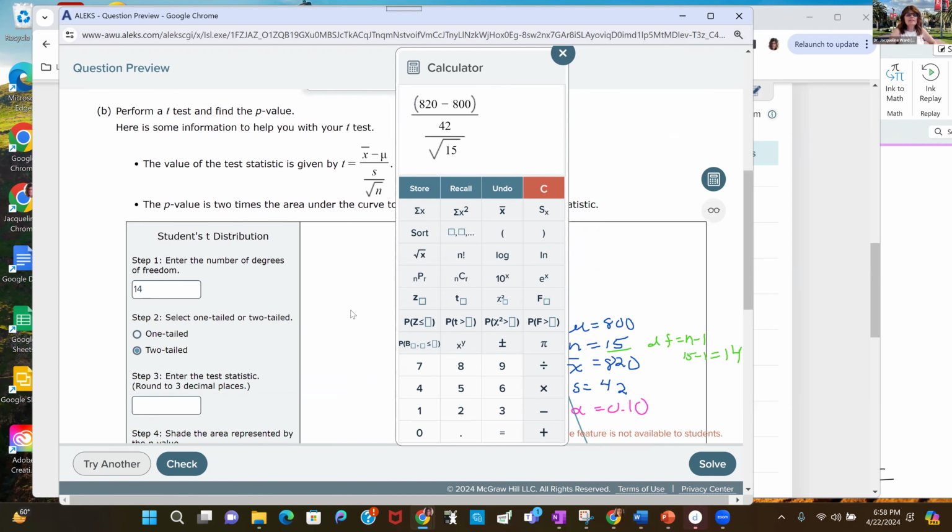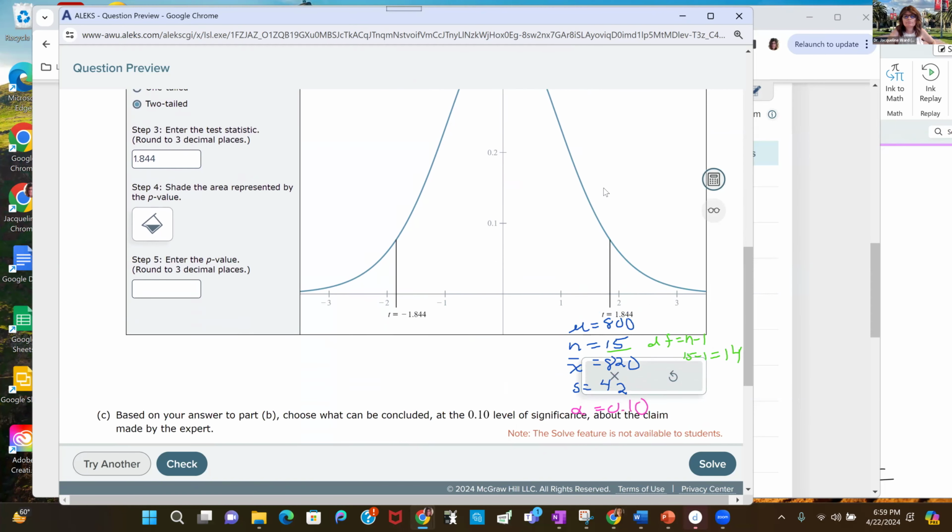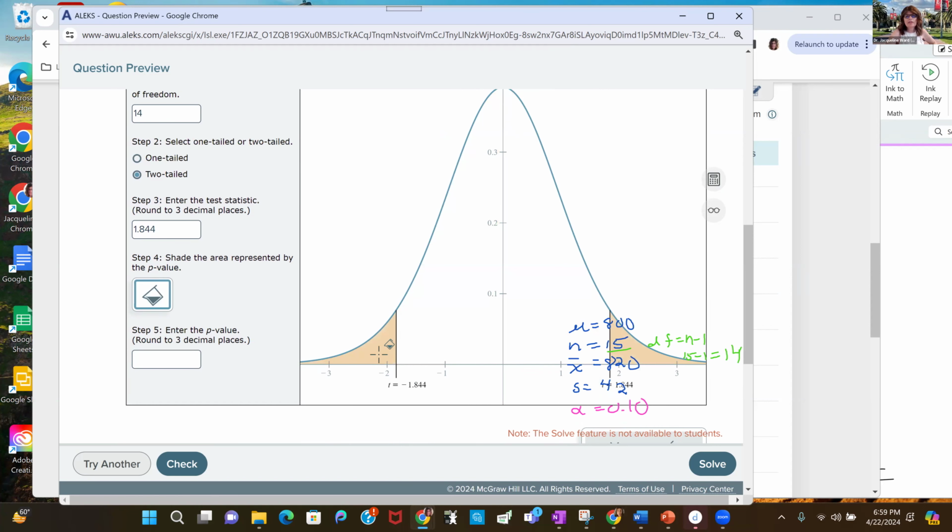So this is the t test statistic. So that's 1.844. Okay, since it's a two-tailed test, notice they also put the opposite, right? Negative 1.844. We can shade that region in, and now we want to get the area.